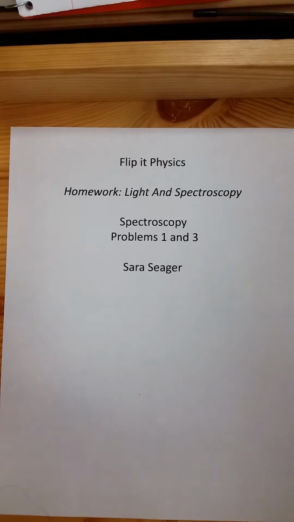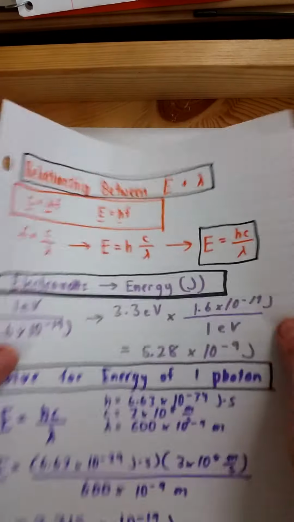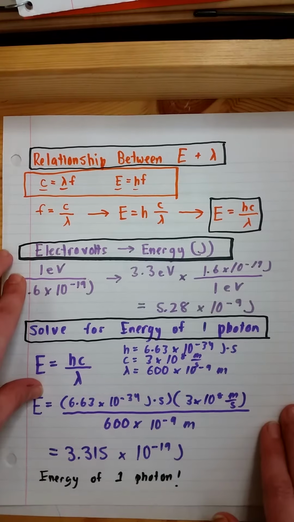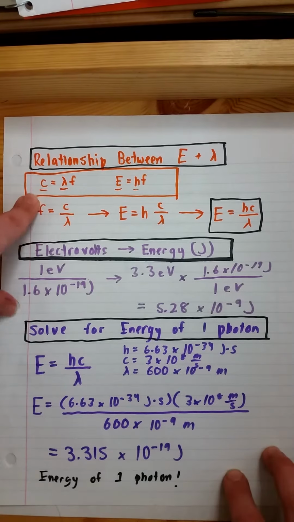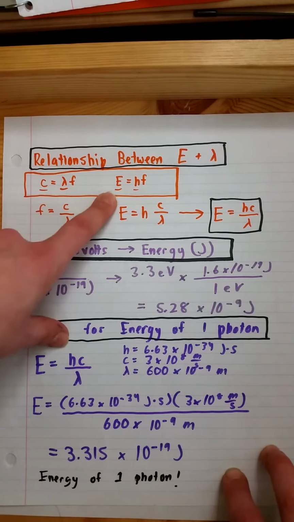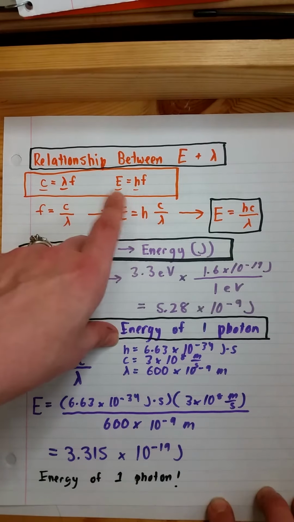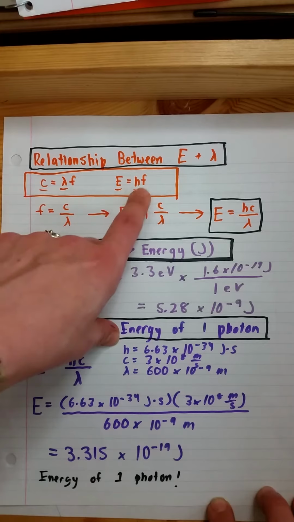So what we're going to do is find an equation where we can relate energy and wavelength. Here we have the equation for speed, wavelength, and frequency, and the one for the energy of one photon. Now, we're given wavelength, and we're trying to find energy.